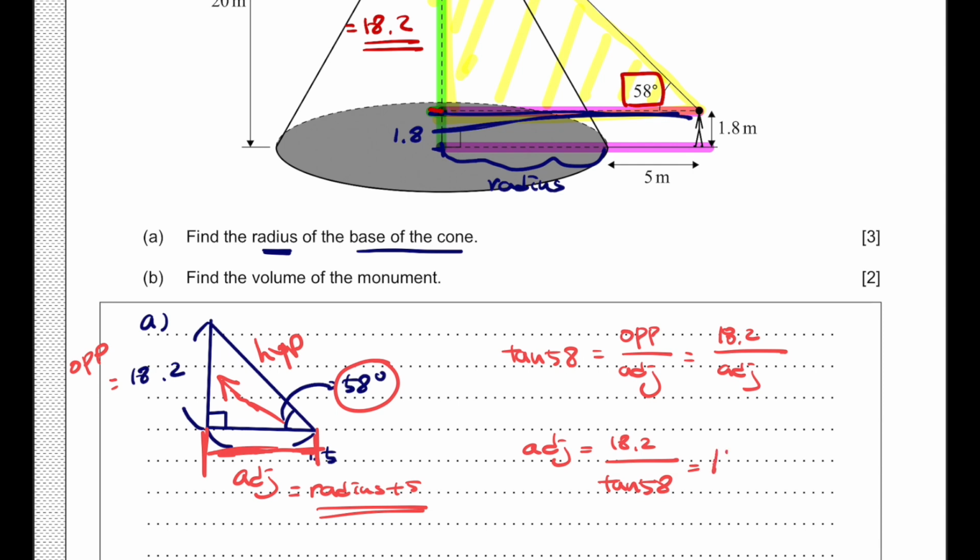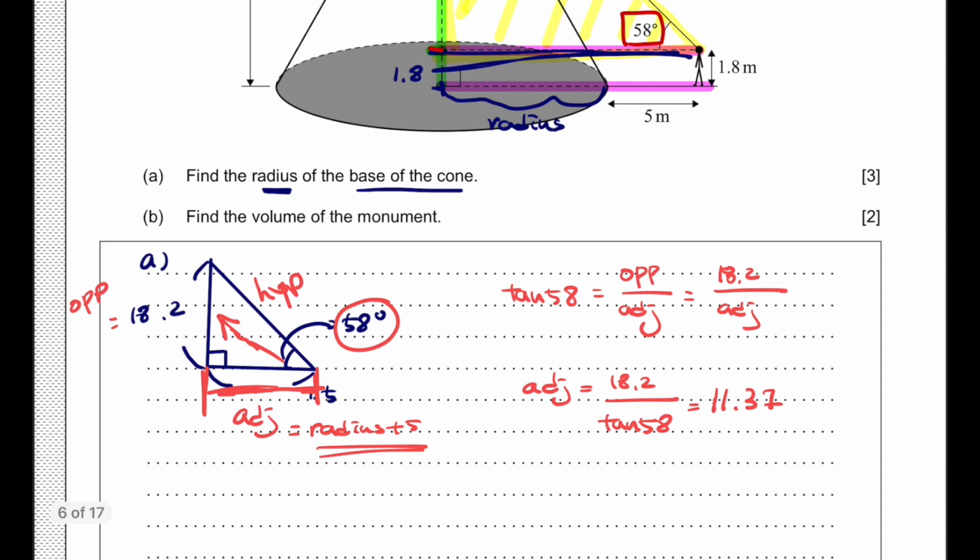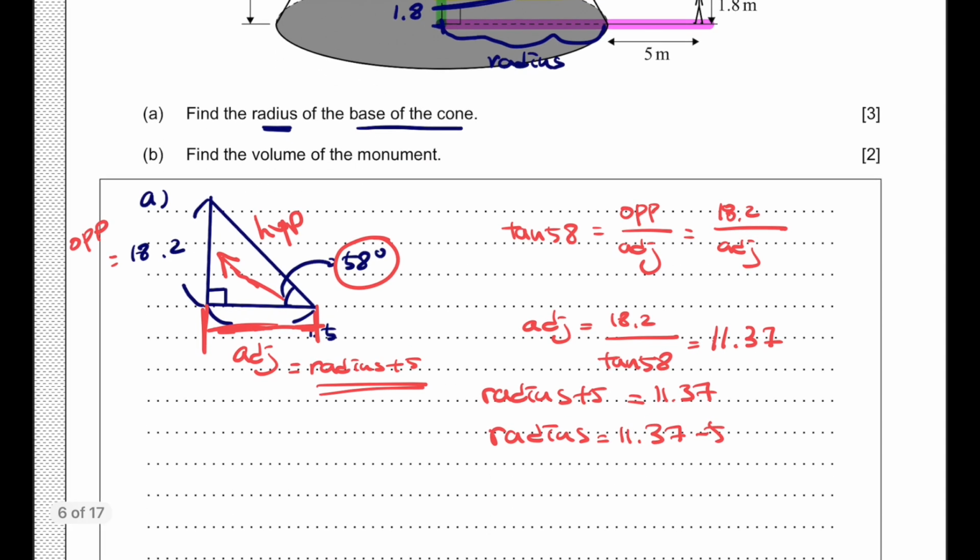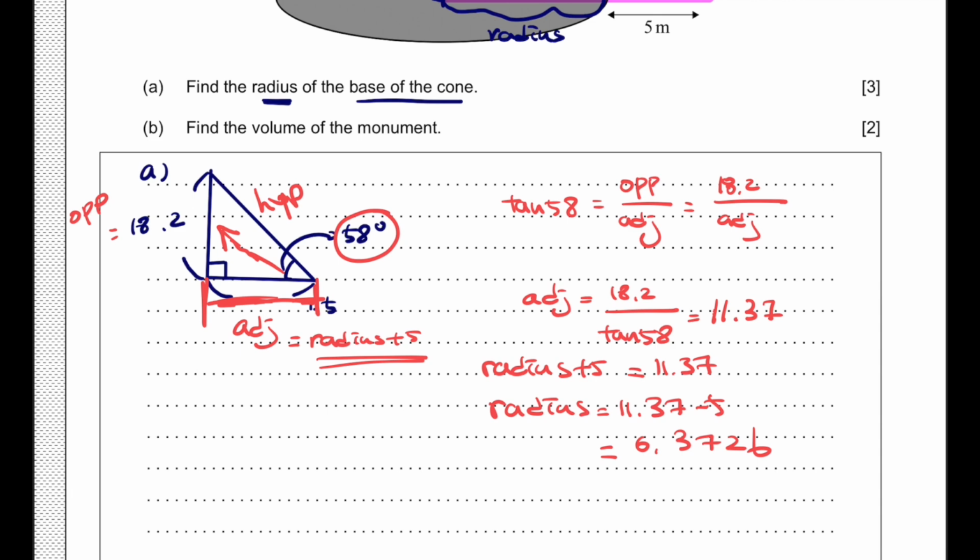Then we know that adjacent is the radius plus 5, which equals 11.37. That means the radius is 11.37 minus 5, which is 6.3726.